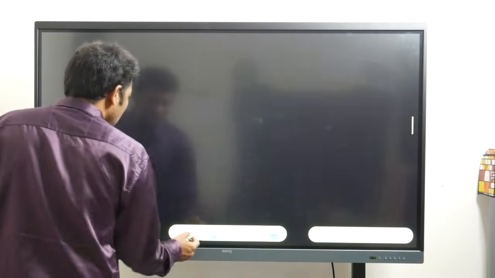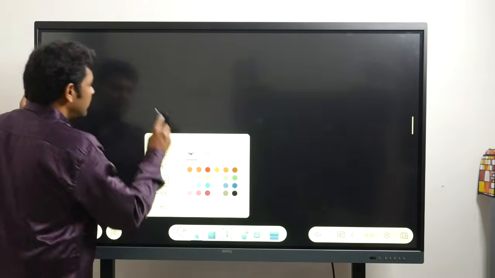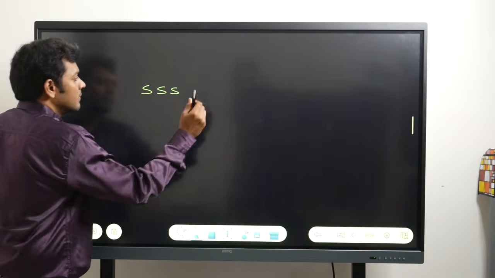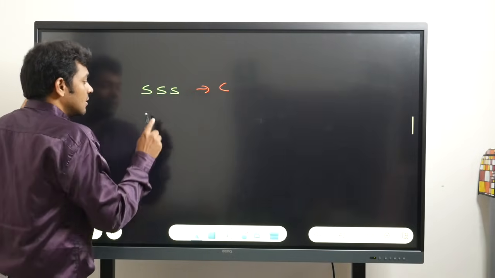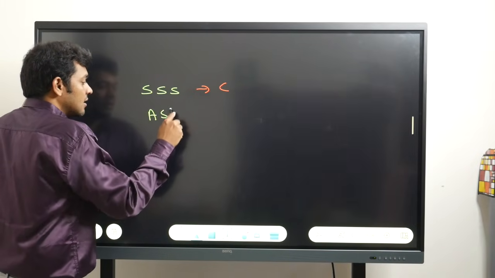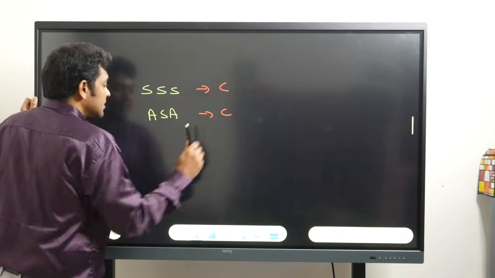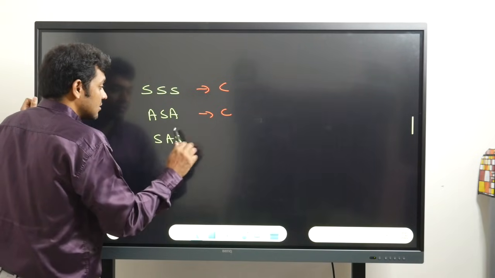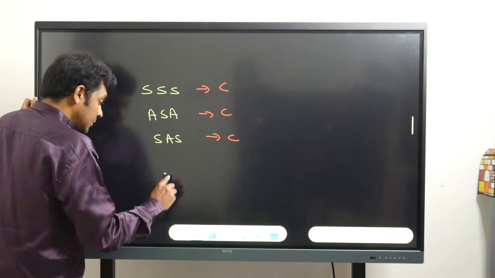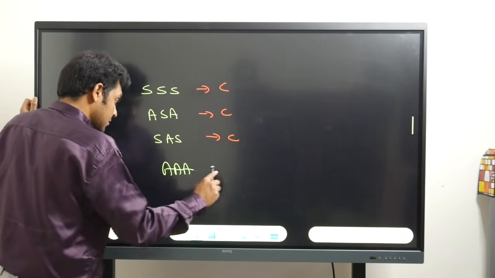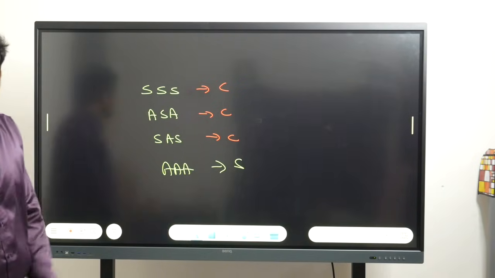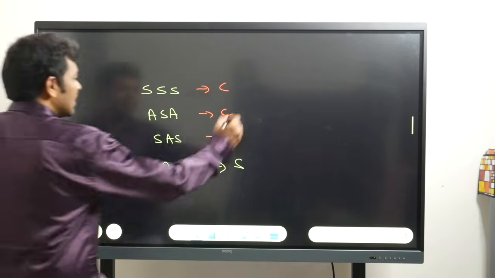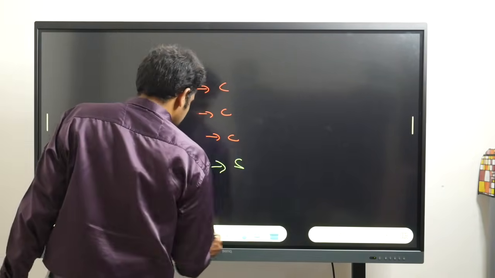Now, you should have learned these in school. So we have triple S. Triple S is congruency. ASA, angle side angle, congruency. SAS, congruency. Triple A, similarity. Okay, what do you mean by triple S? Three sides of two triangles are equal.